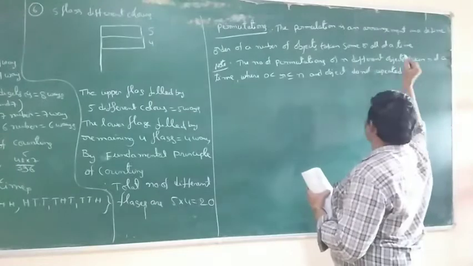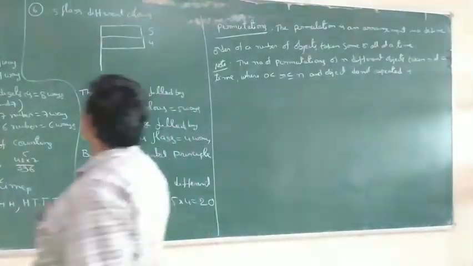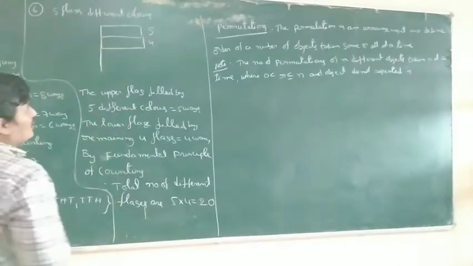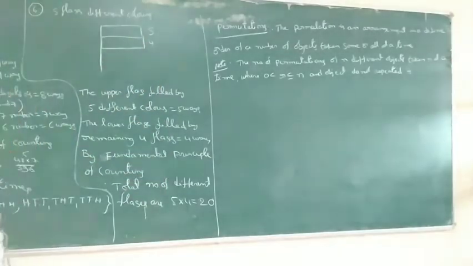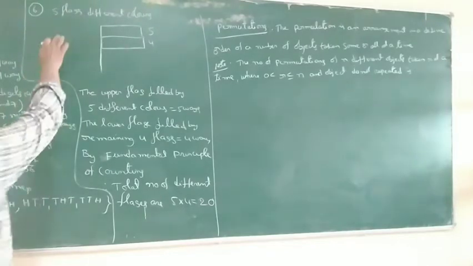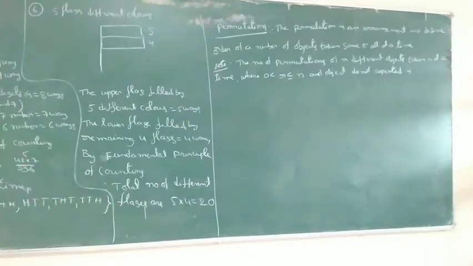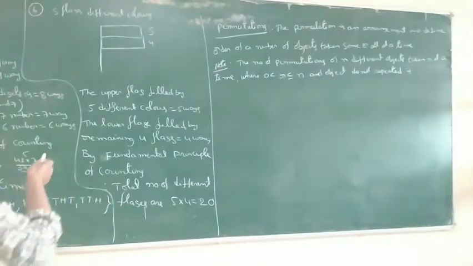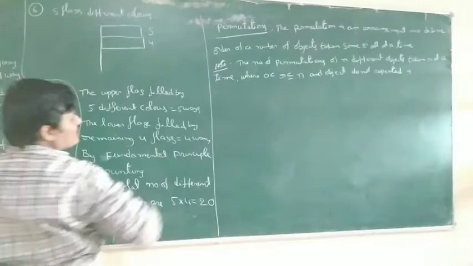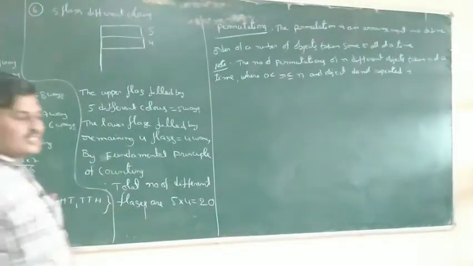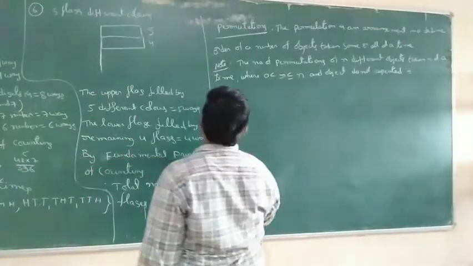How do we fill the places? The first place is filled by the total n objects, for example here 5 flags are there, so 5. The next place is filled by 4, which is 5 minus 1, the next place 3, which is n minus 2, so decreasing by 1.